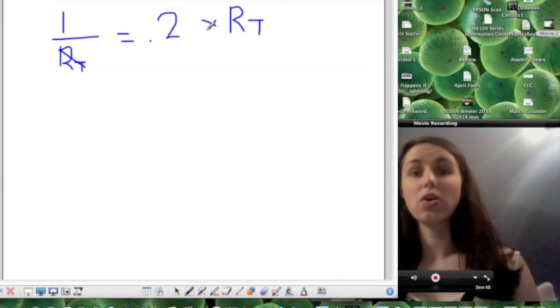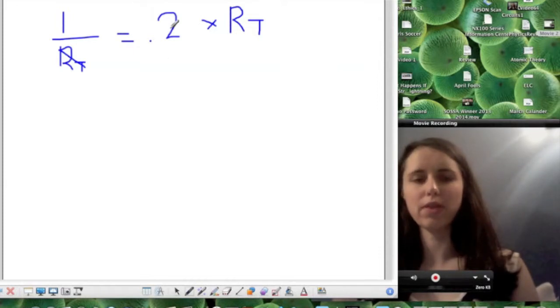Am I done? No, right? I want to isolate RT. So what I have to do, I have to get rid of this 0.2 here, right? So I divide, it's going to cancel this out, right? But what I do to one side, I have to do to the other side. So I'm going to have to divide this side by 0.2.